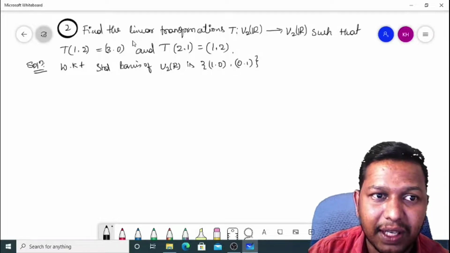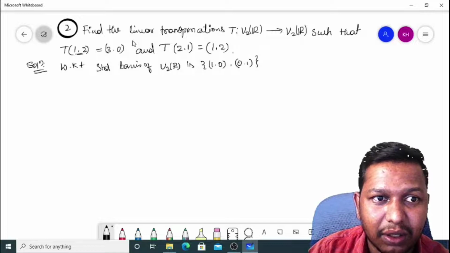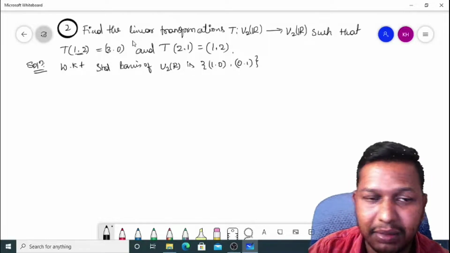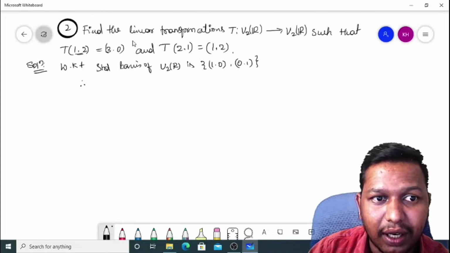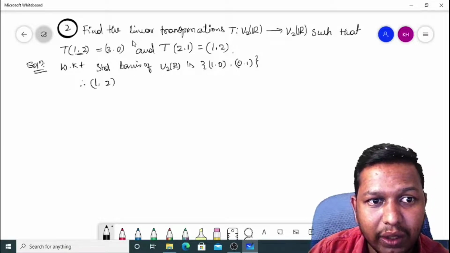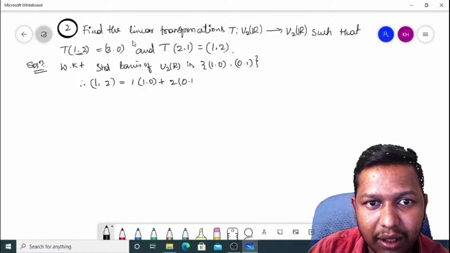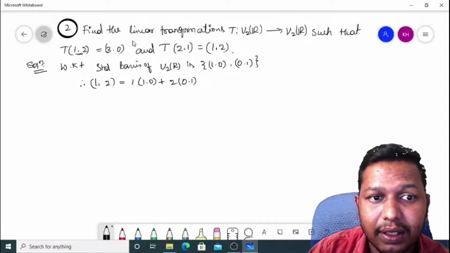First we need to express this element (1, 2) as a linear combination of the standard basis. Therefore I have (1, 2) is equal to 1 into (1, 0) plus 2 into (0, 1).